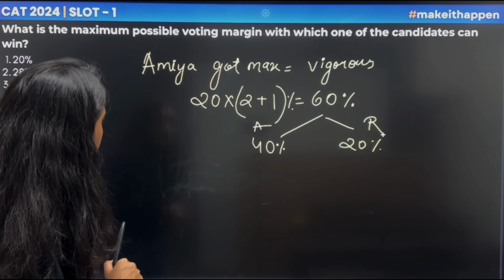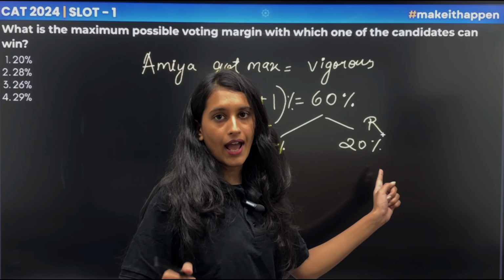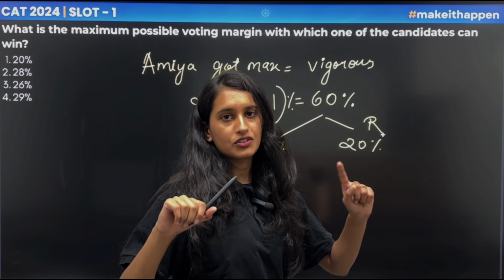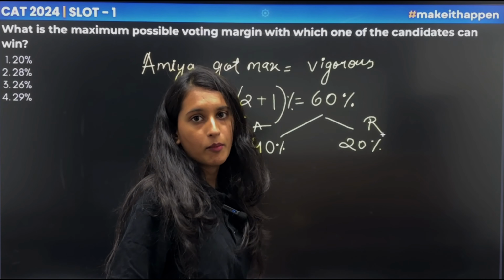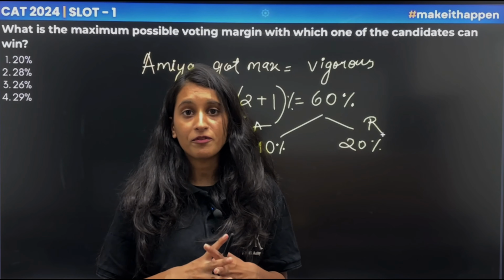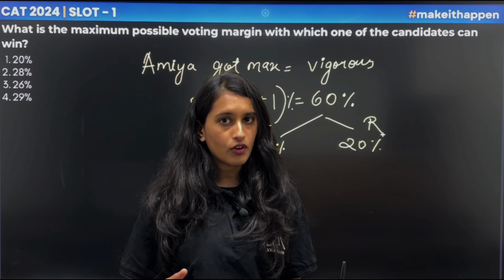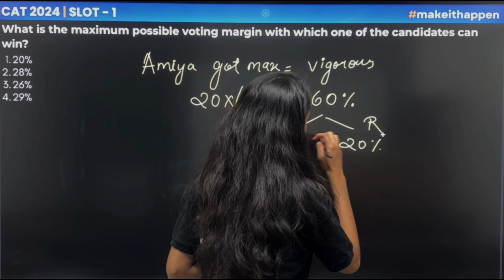Now, for maximum possible voting margin, Ramya has to be in the attacking position and Amya has to be in the focusing campaign. If Ramya was in the attacking campaign, then 20% of the votes would be given to Amya and 5% of the votes would not be given to any of them.